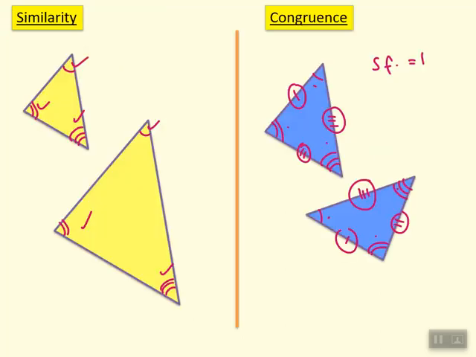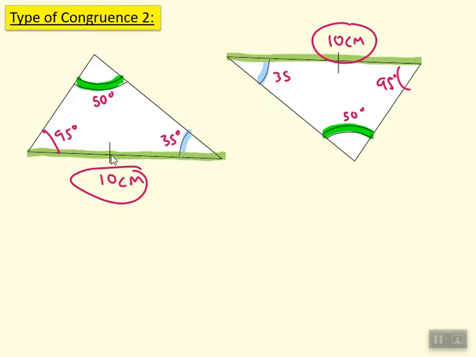Because remember I said to you, the only difference between similarity and congruence is if the scale factor is 1. Well, first of all, we've just shown that the angles match each other. But you could say that the scale factor between these two triangles is 1, because that's 10 and that's 10. And they both come off the 35 and 95 degree side.